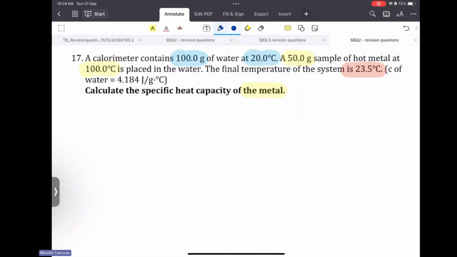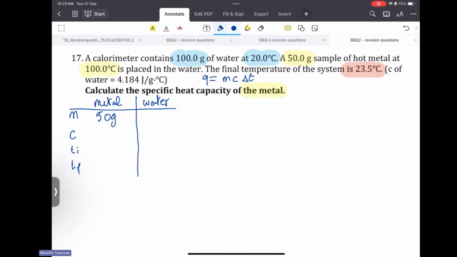I'm using colors just to differentiate between the data for the water and the data for the metal. I always advise you to make a table. Your formula is MC delta T. So a table with MC, temperature initial, and temperature final. The mass of the metal is 50 grams. The mass of the water is 100 grams.